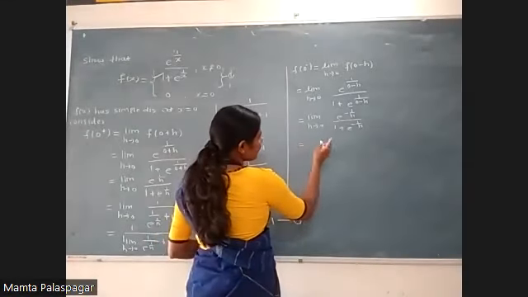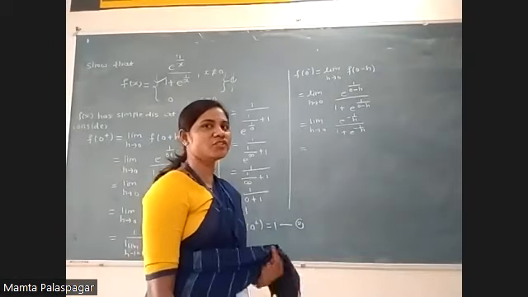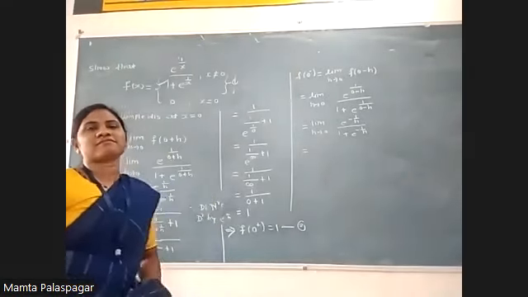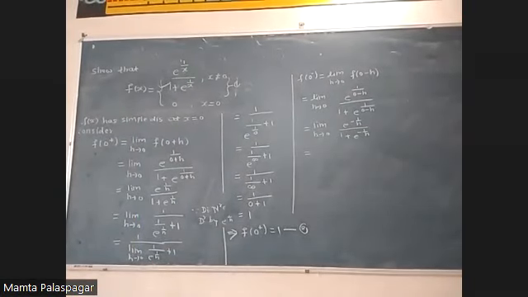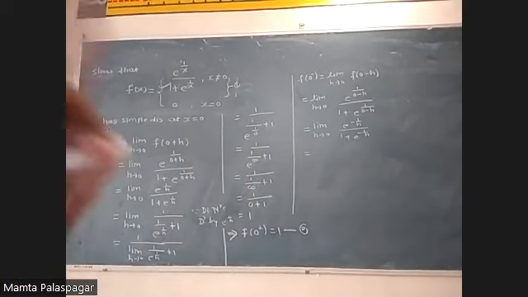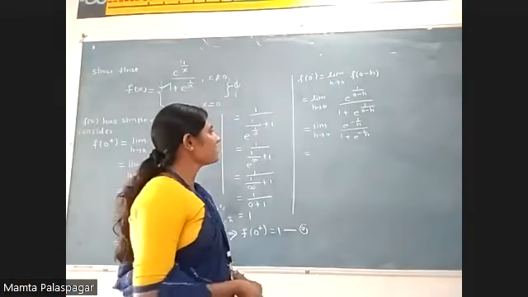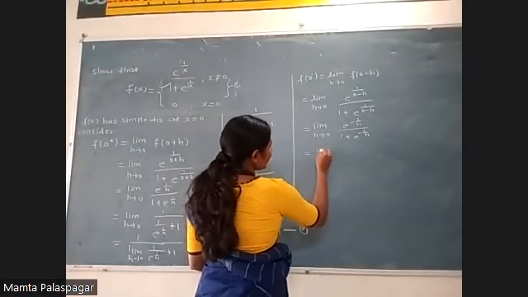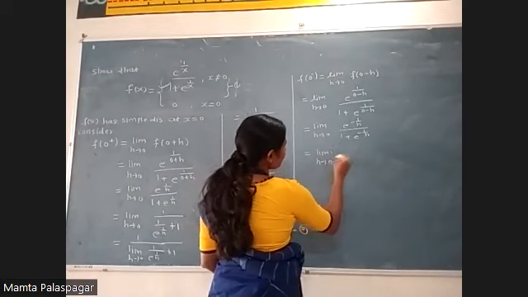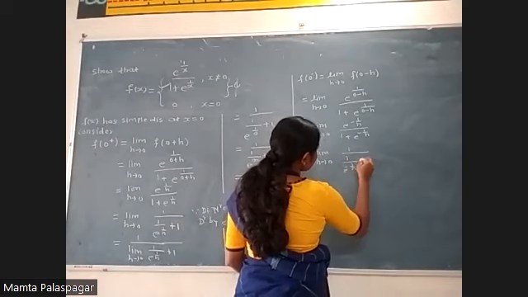After dividing numerator and denominator by the term e to the power minus 1 upon h, here we get the limit h tending to 0 of 1 upon e to the power minus 1 upon h plus 1.